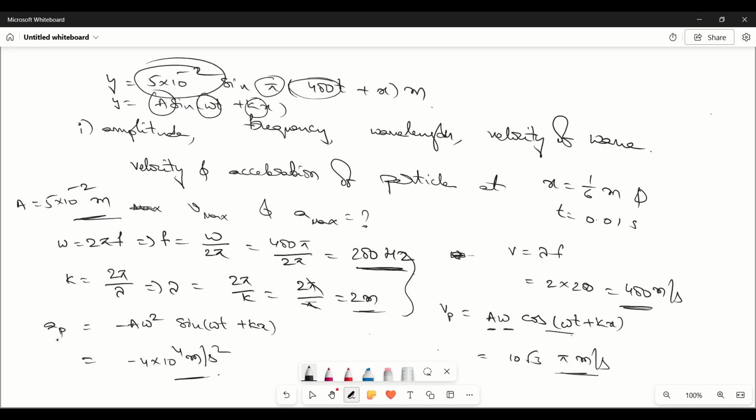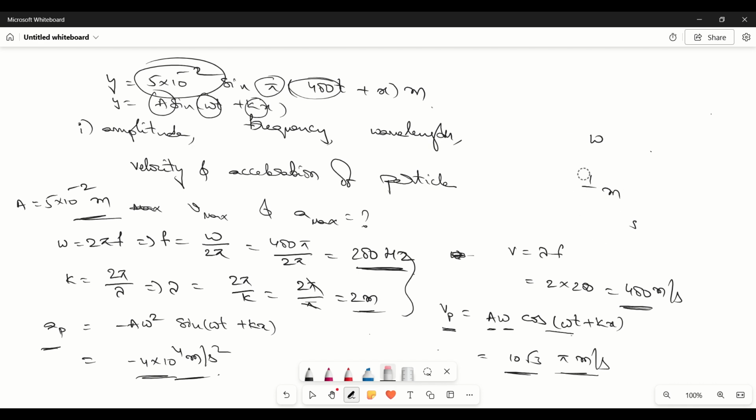Now we have to find out the maximum particle velocity as well as maximum particle acceleration. We know that the maximum particle velocity is represented as Vmax equal to a omega.